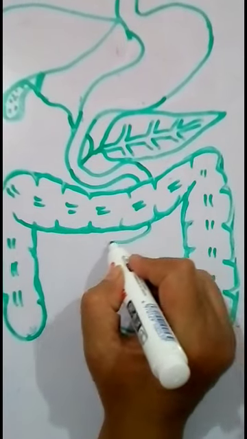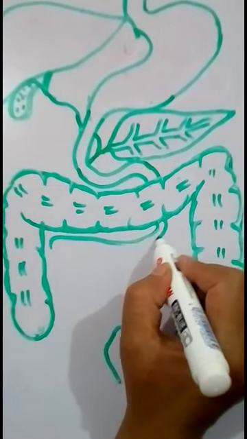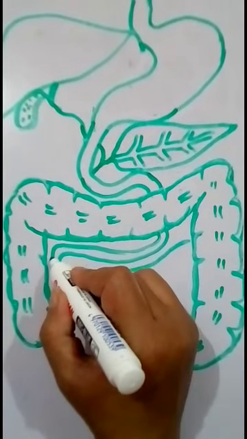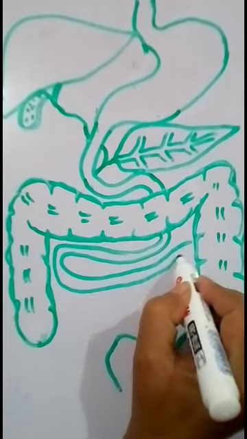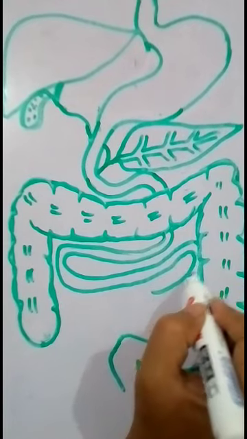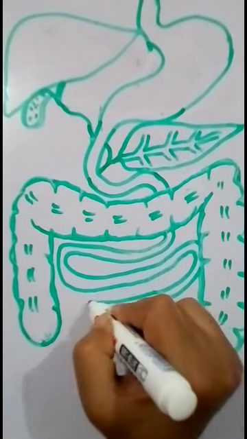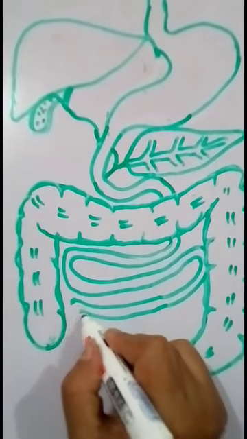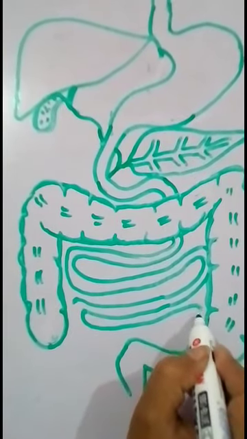Now I will complete the small intestine. It is a highly coiled part, especially its last part, which is called the ileum. From outside it is surrounded by the large intestine.